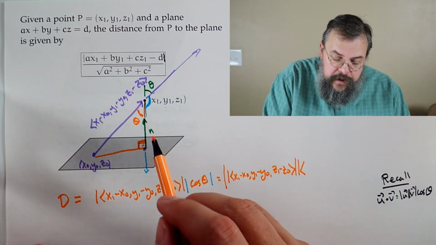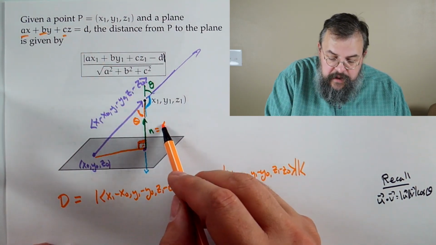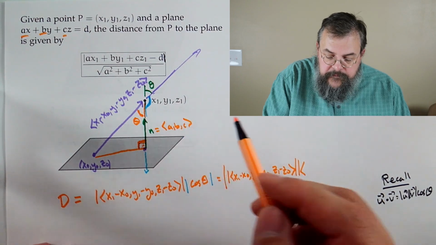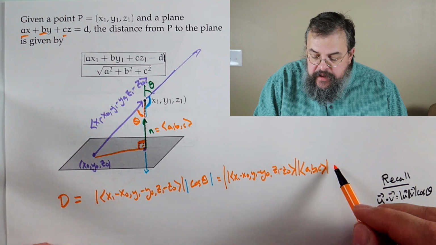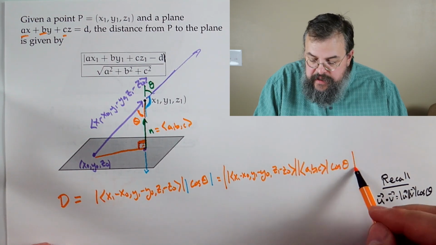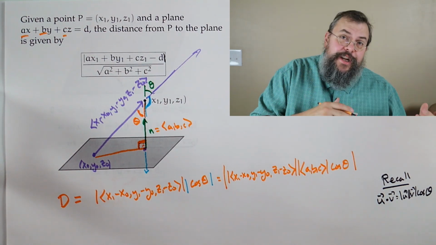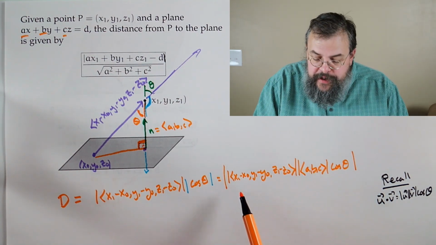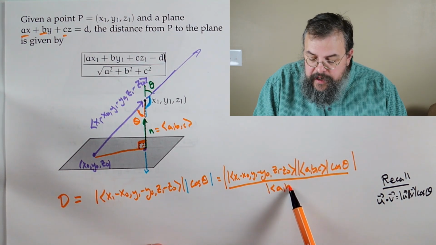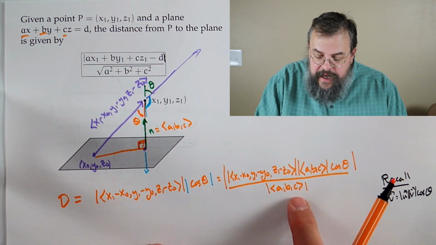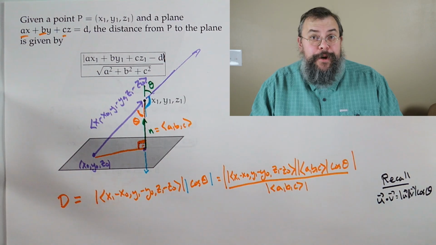We haven't written it down, but it's easy to read off: A, B, C. So magnitude of A, B, C, cosine theta, and then the other absolute value. Of course we can't throw in a magnitude on the top unless we also do it on the bottom. And now you can see, aha, that is the square root of a squared plus b squared plus c squared. We're on track, and we are.